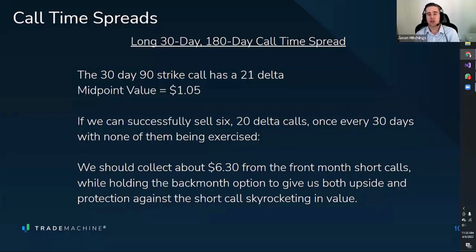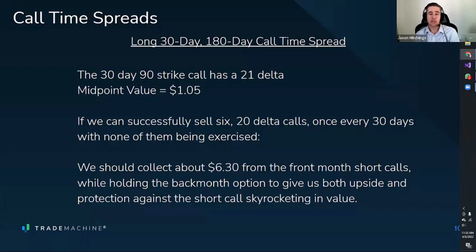Because you still have that insurance program. You essentially sold an option to someone else that expired worthless. You know that you can't ever be hurt too much because you own the back month option. You're not going to lose more than the difference in the two values of the options. But once that option expires, then you can just do it again. You have the same insurance policy in the back month.